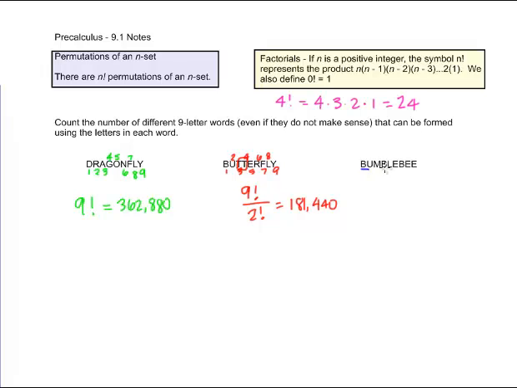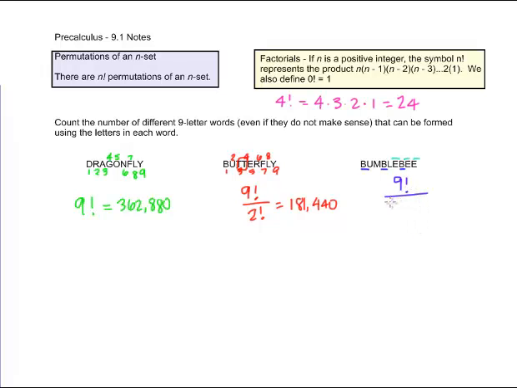And then lastly, we've got bumblebee. And again, it's 9 letters, but look, we've got 1, 2, 3 B's and 1, 2, 3 E's. So when we look at this one, what we're going to have is 9 factorial, because that's the different ways that we can combine all the 9 letters.